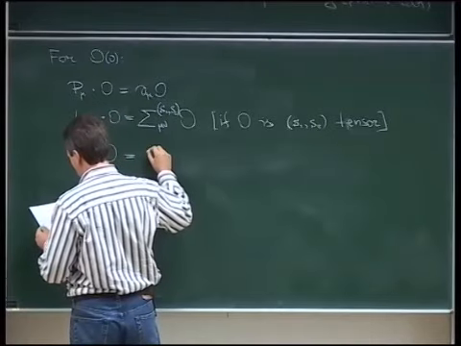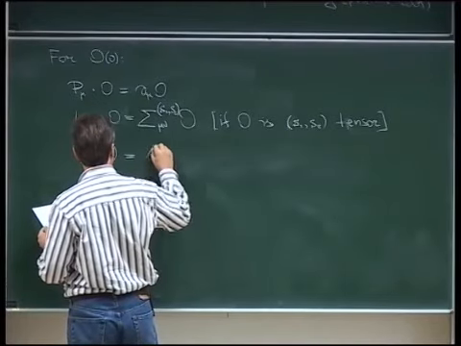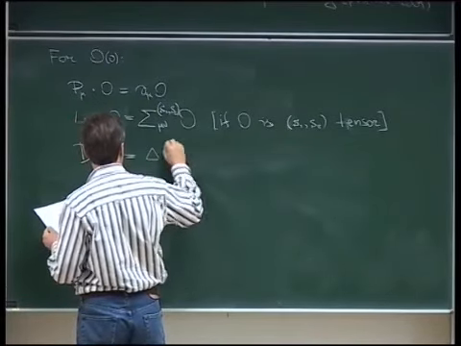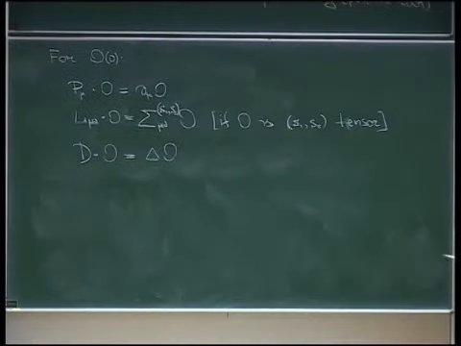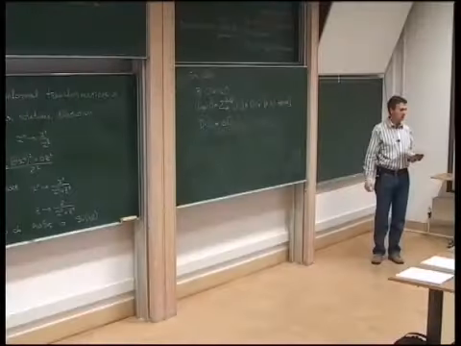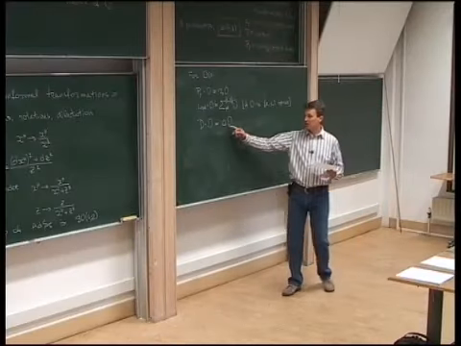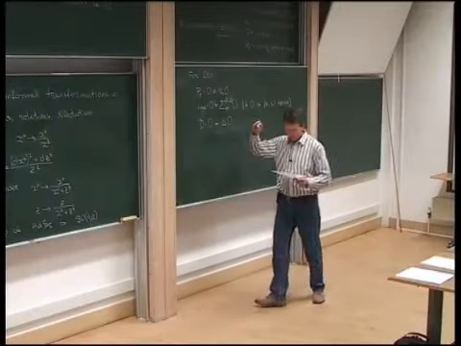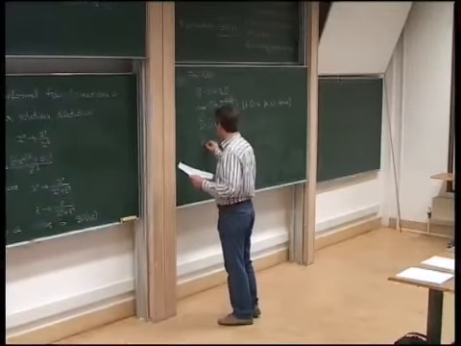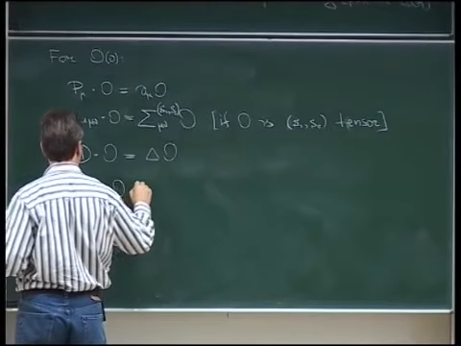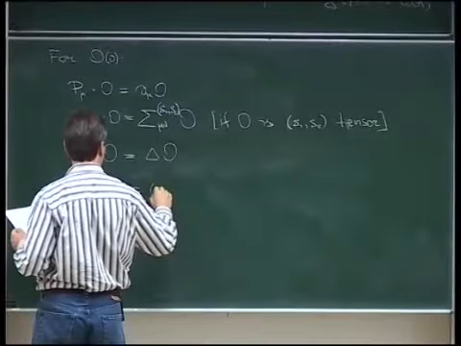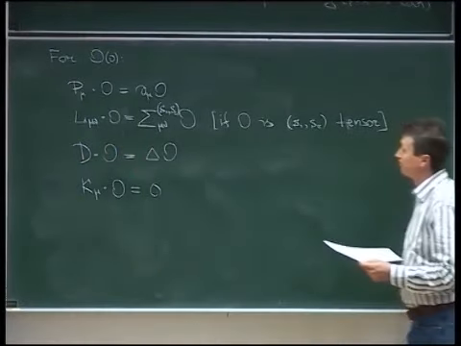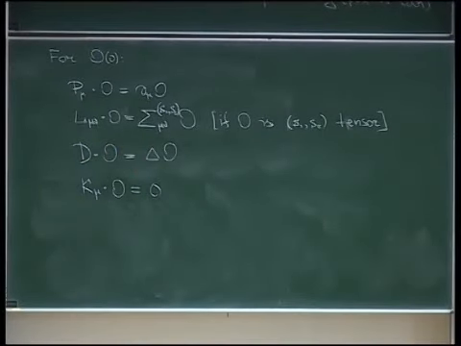So the dilatations multiply the operator by this dimension. So this scaling dimension is the eigenvalue of the dilatation operator. And special conformal transformations, in fact, annihilate this operator evaluated at 0.